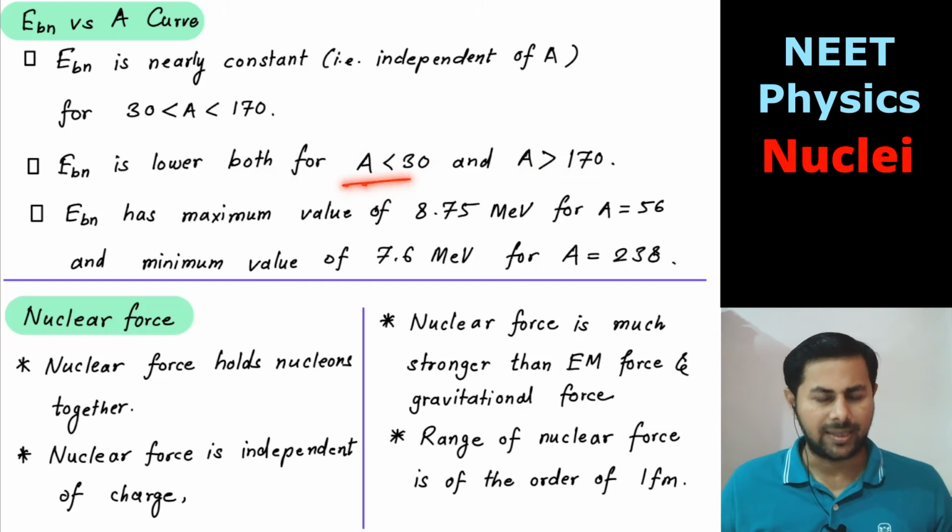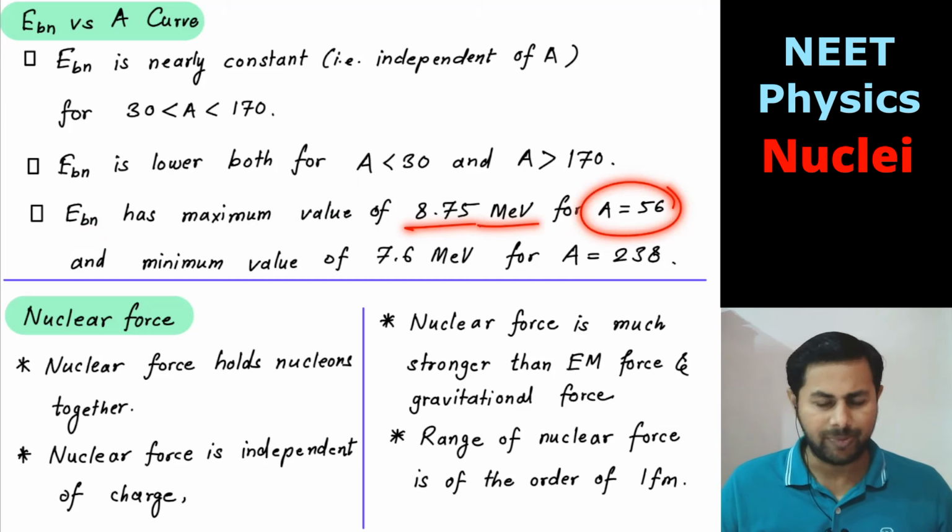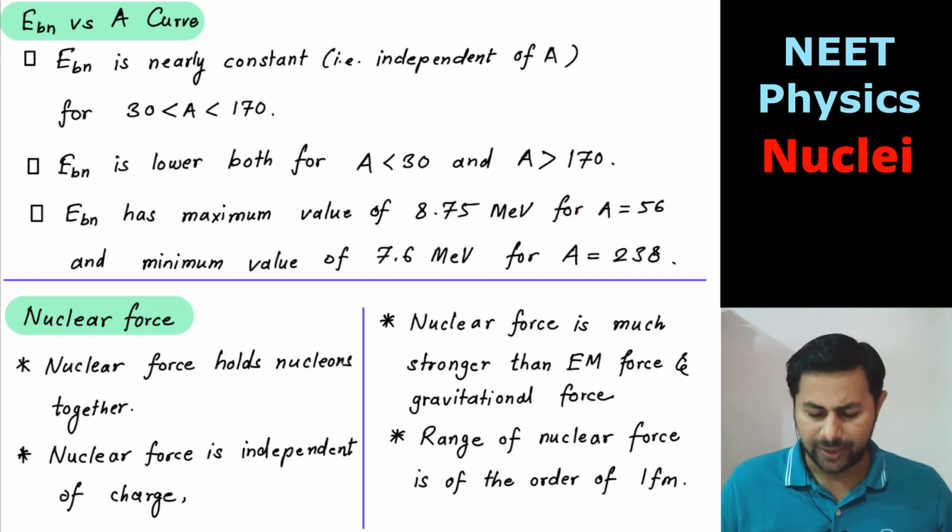Then binding energy per nucleon has maximum value 8.75 mega electron volts for A equals 56, and the minimum value 7.6 mega electron volts for A equals 238.